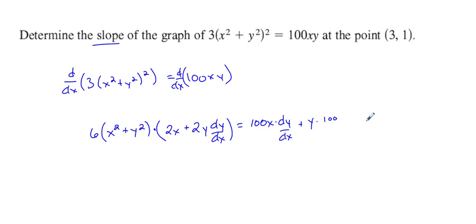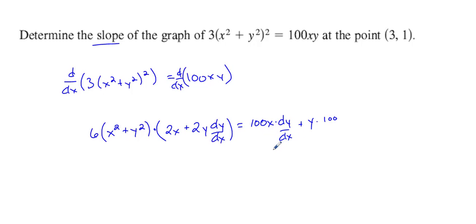All right, what are we going to do here? We have to collect the terms of dy dx on one side. Problem is, we have a product here. So if we divide both sides by these two terms, well, now this guy is mixed up with a quotient.